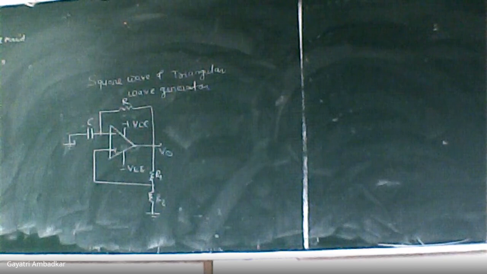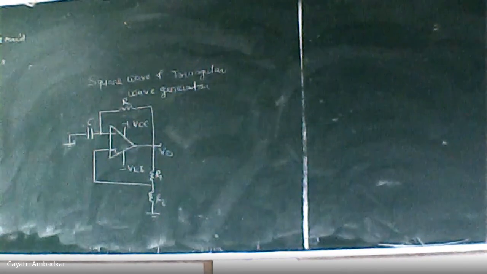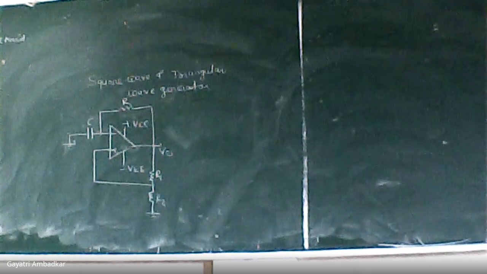Now you know how the comparator compares with VUT, VLT, and gives you either plus VSAT or minus VSAT. So you will get two types of output depending on whether V1 is greater or V2 is greater.